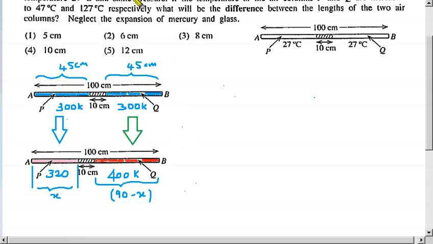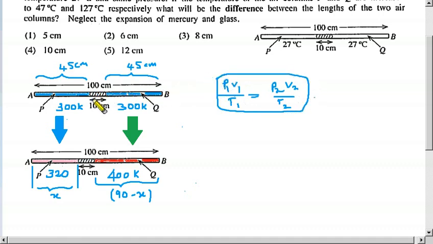You can't change the air columns, you have to take the same air column when we write equations. What is the equation we are going to write? The equation of state: P1 V1 divided by T1 equals P2 V2 divided by T2. That is the equation we are going to use.